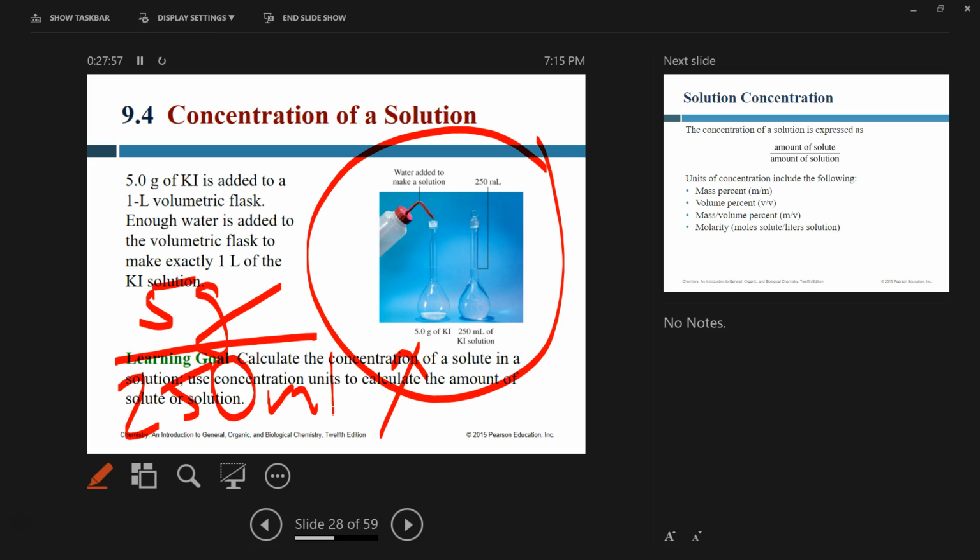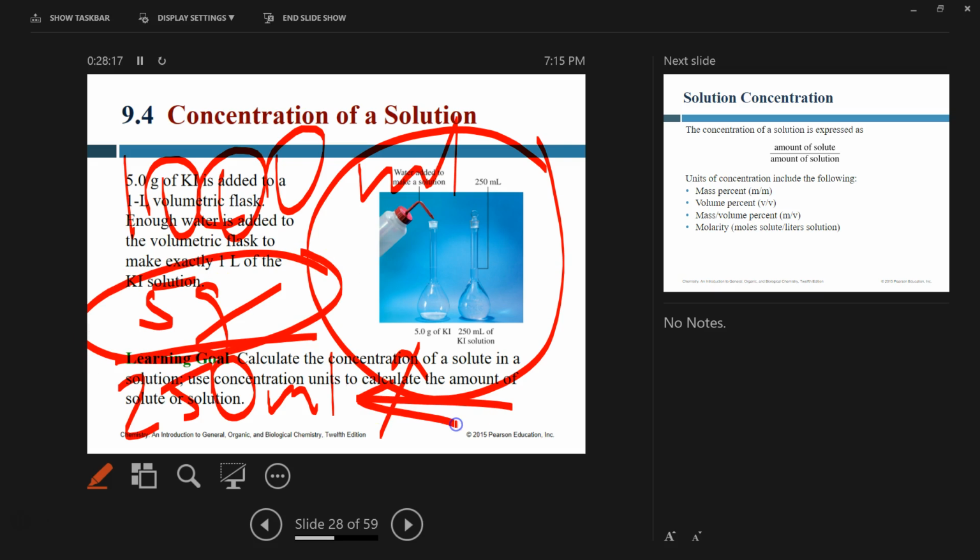Does that make sense? So, how many milliliters are in 1 liter? 1,000. Yeah. Nothing hard. 1,000 mils. So, if you have 5 grams in 250 mils, how many grams are you going to have in 1,000?